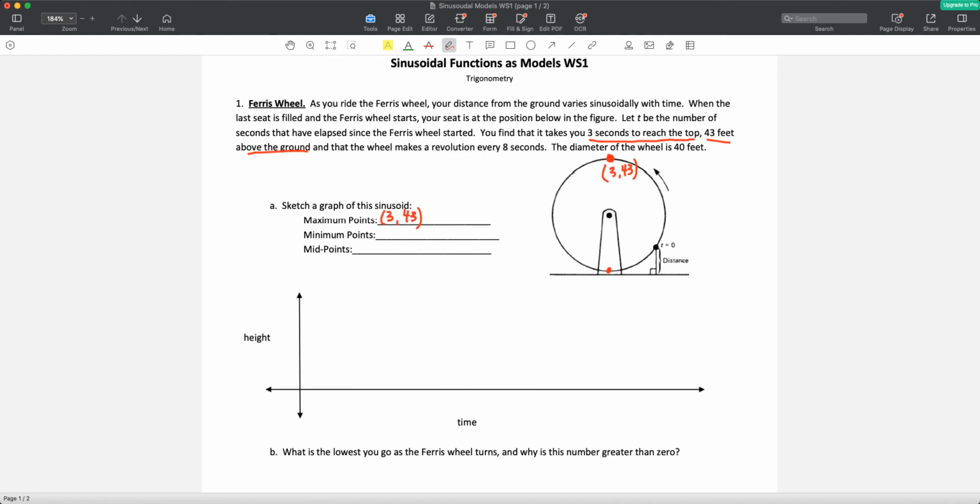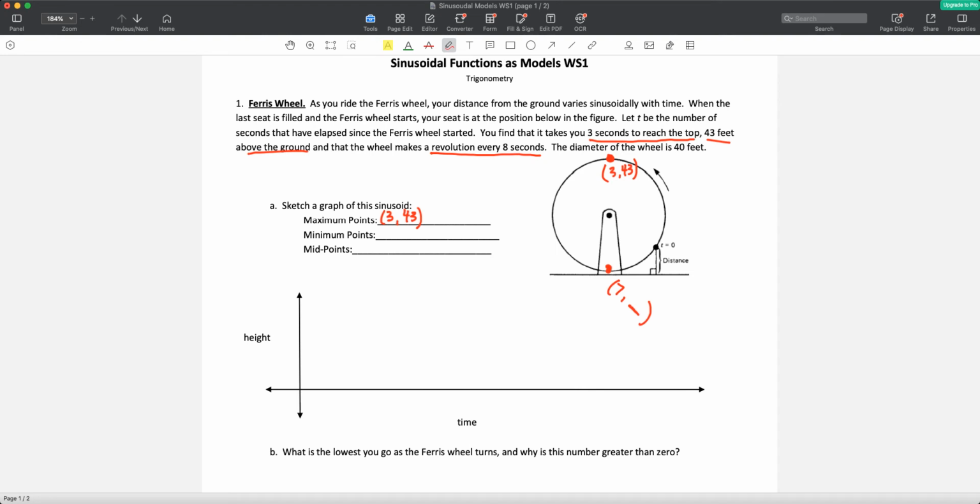Now, we need to find this point. Well, it told me that the wheel makes a revolution every 8 seconds. From here to here is half of a revolution. So this is going to be 4 seconds later when it reaches this bottom point. So 4 seconds later would be 7 seconds. Now, we need a value here. How far from the ground is this?